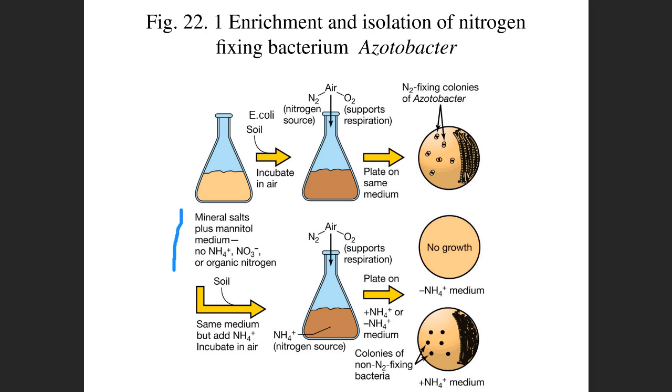Remember how expensive it is to fix CO2? Remember, we calculated, right? To produce one glucose molecule, you need at minimum 54 ATPs. Now, nitrogen is a very, very stable molecule, with 3 bonds between the 2 nitrogen atoms.